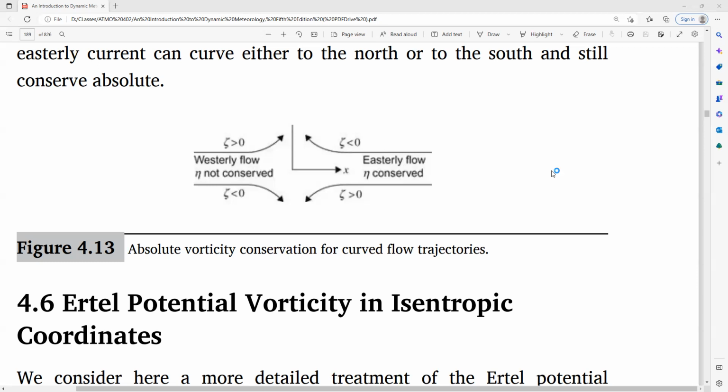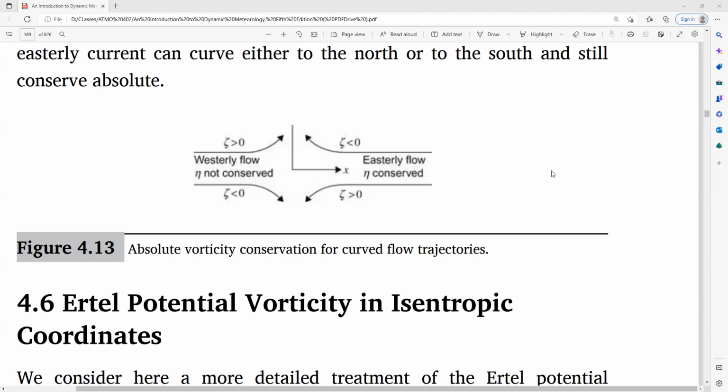The assumption is non-divergence, pure horizontal flow, and these kinds of situations are real-life situations. So when you look at these schematic diagrams, you need to know what the assumptions behind them are.